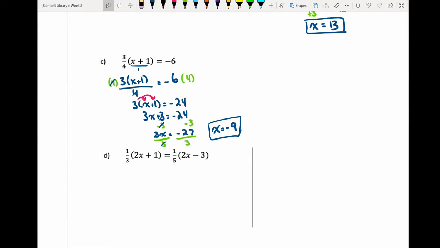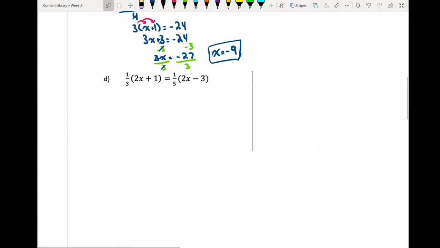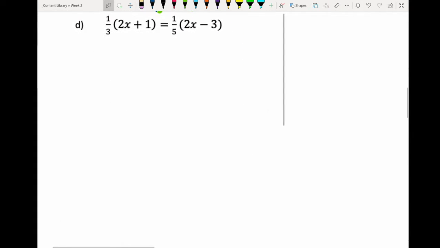So even though our fraction was a little different, we still went through the same steps: multiplied by a number to help us get rid of that fraction, and then carried on from there. Now example D, we have two different ways we can look at this. I'm going to show you two ways to get to the same idea, and then we'll continue and solve it in just one way.